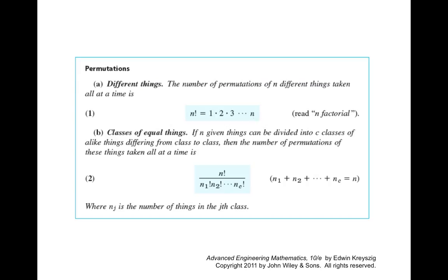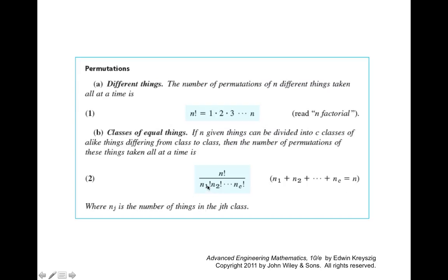If you have n given things, and you can divide those into c classes of alike things that differ from class to class, then the number of permutations of all of these things taken all at a time is n factorial over n1 factorial through nc factorial, where n1 plus n2 plus so on plus nc is equal to n.